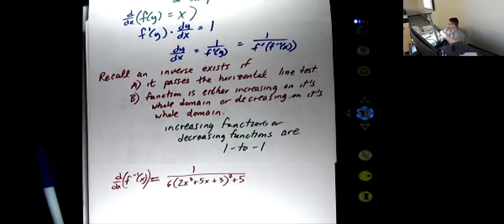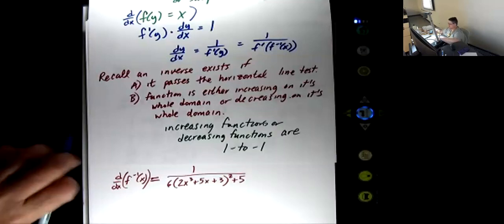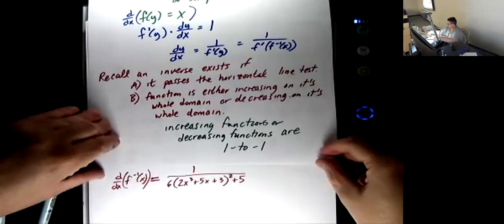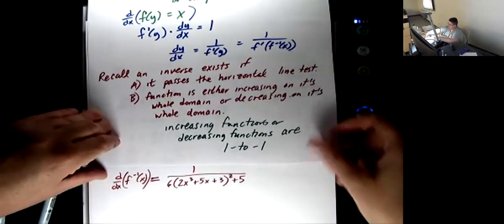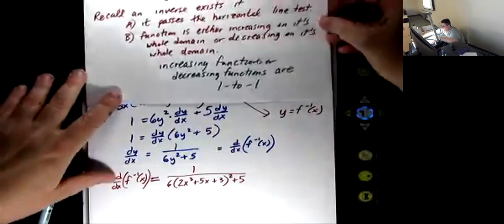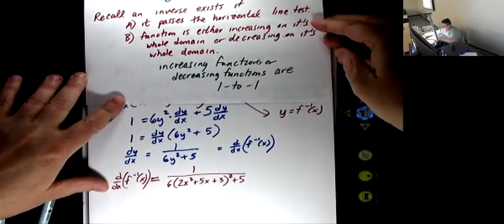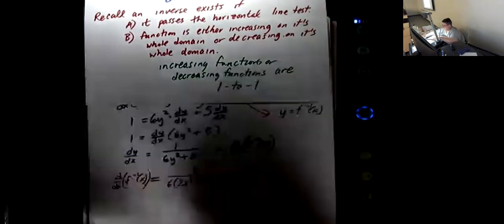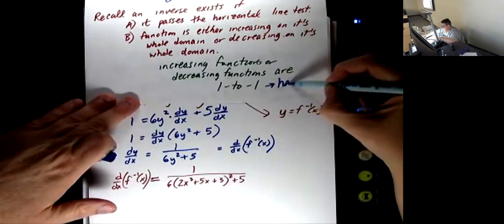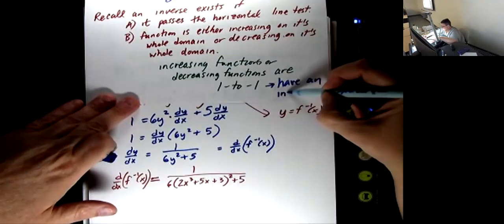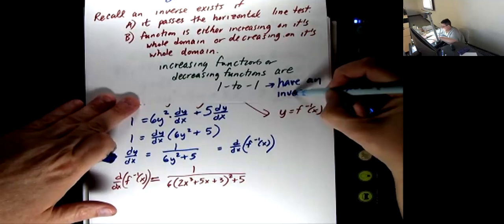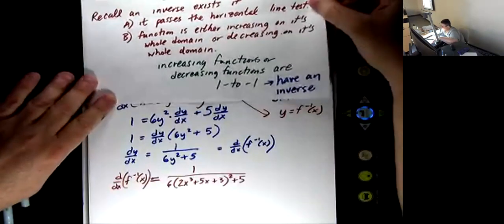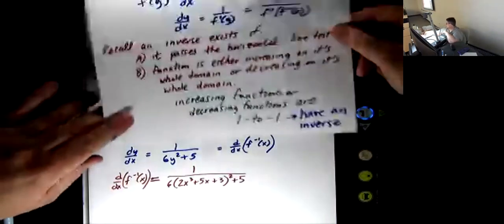That's what inverse means, being able to do a y equals x swap. It passes both the horizontal line test and the vertical line test. And 1 to 1 functions have an inverse. That's the takeaway from that. So we can use the slope to find out if something has an inverse, and how to find the derivatives of the inverse.